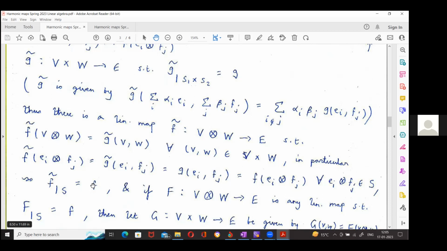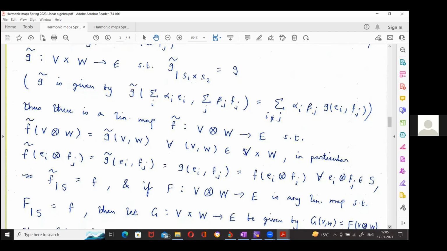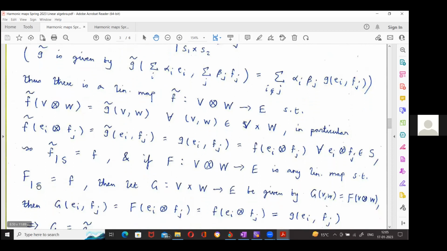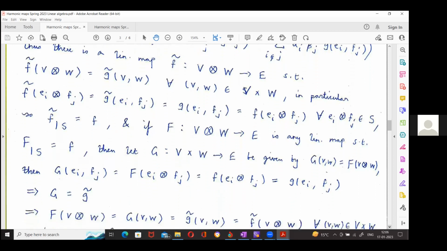Now we have to show that this linear map is unique. So suppose capital F from V tensor W to E is some other linear map such that capital F restricted to S is equal to little f. Then define a multilinear map capital G from V cross W to E by capital G of V comma W equal to capital F of V tensor W. Then what happens on the set S1 cross S2?